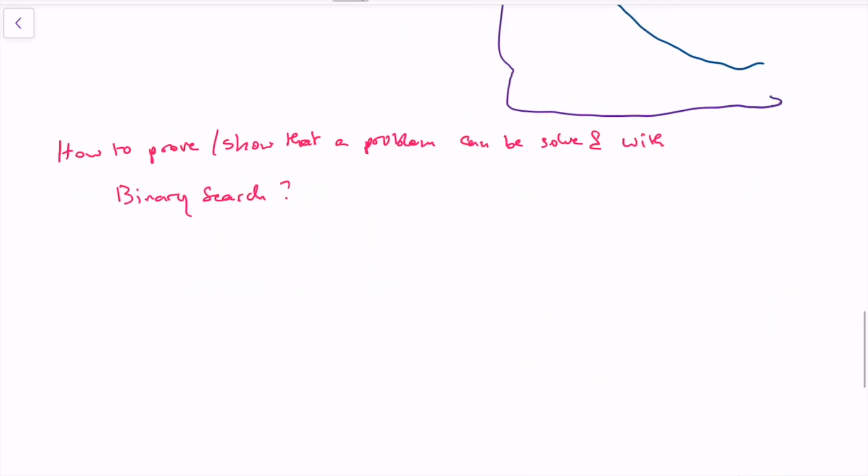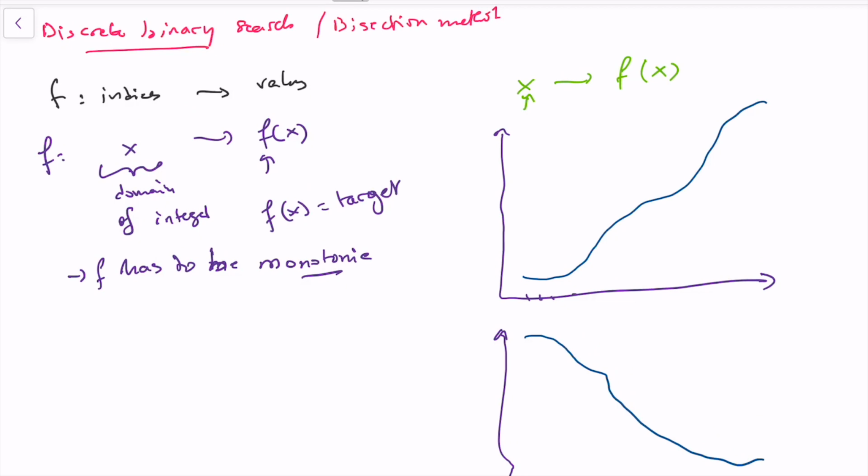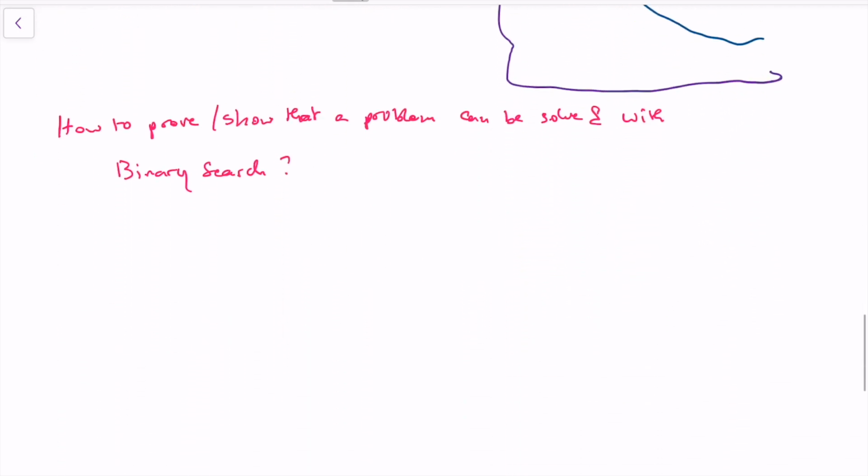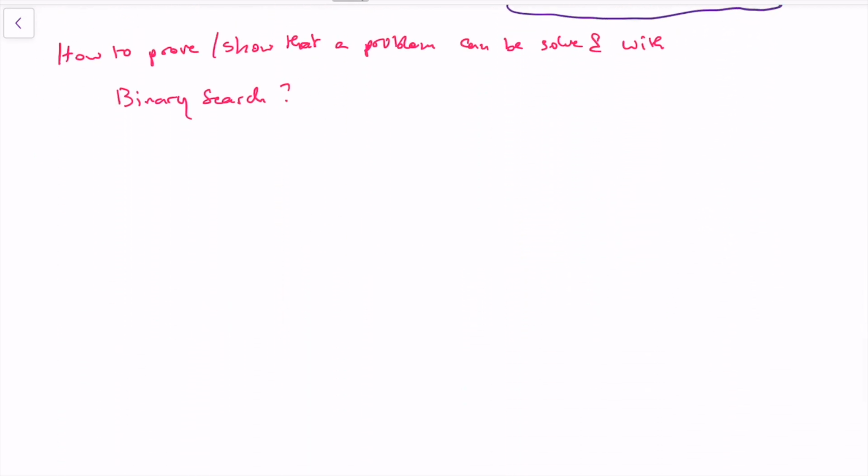Okay, so now that we defined that binary search can be used for any function that is monotonic, let's think about when you have a problem, how can you show that you can solve it with binary search? Since we said that it can solve more problems than just finding an element in an array, what types of problems can you see and think, okay, I can solve this with binary search.